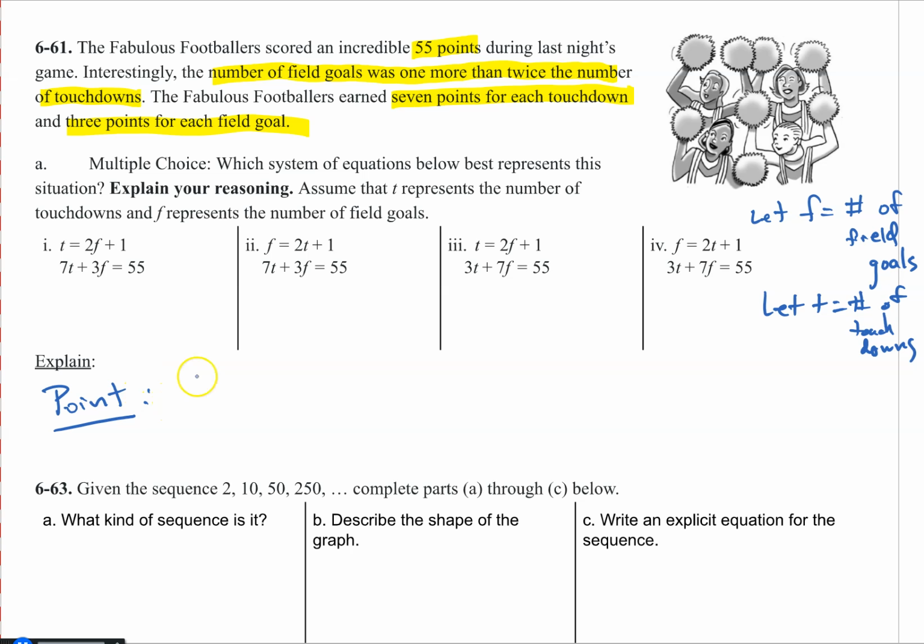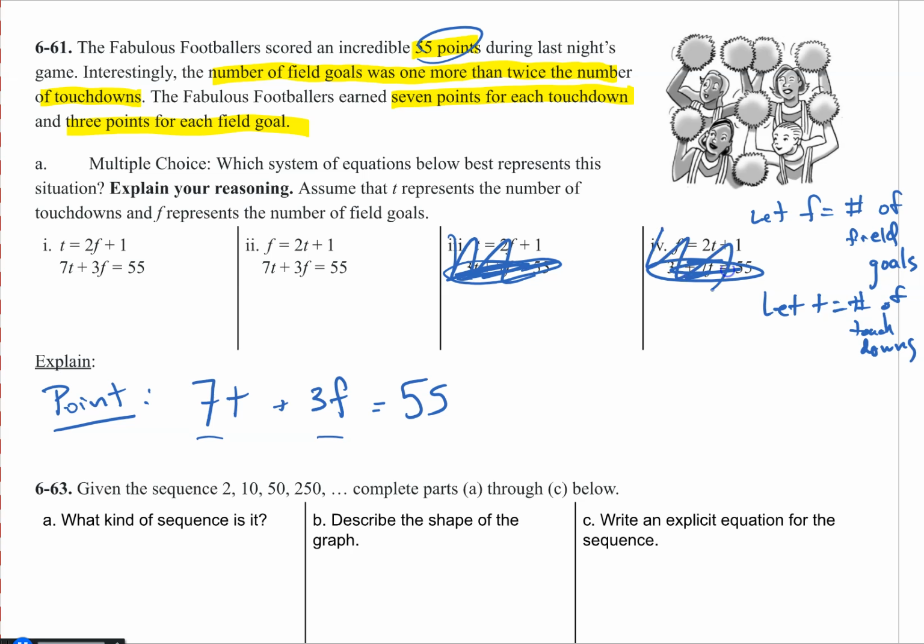Alright, so for our point equation, we've got 7 points for a touchdown, 7 times t, plus 3 points for each field goal, 3f, and so that's going to equal 55, the total number. So that's our point equation. 7 points for a touchdown, 3 for a field goal, add to 55. So this one's not right. Neither is that one. Alright? I'll let you figure out if it's 1 or 2.